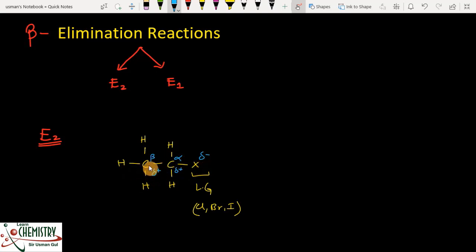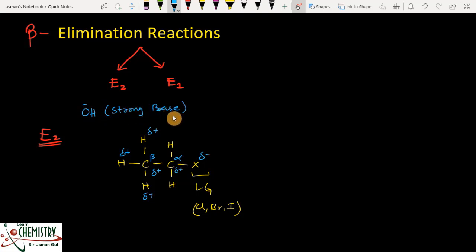So the hydrogens connected to the beta carbon are also partially positive, and they will have a greater partial positive charge. Remember that these are beta hydrogens. When we talk about elimination, in an elimination reaction we have the OH group act like a strong base.